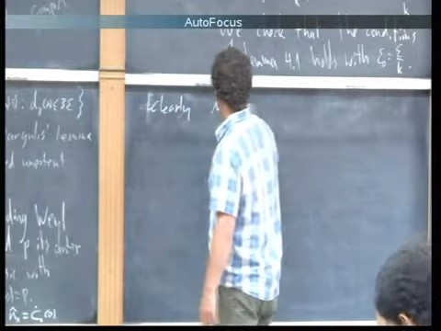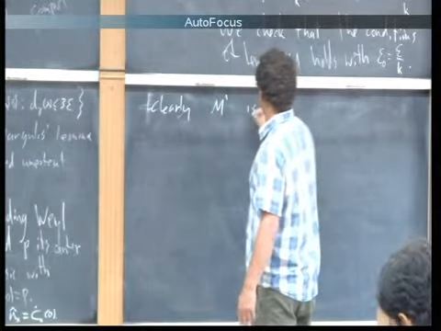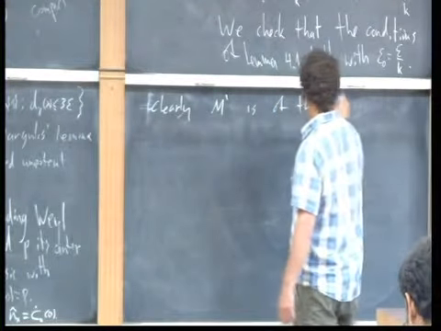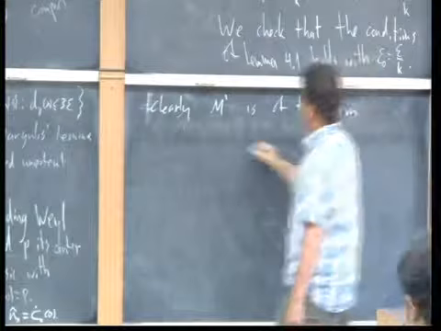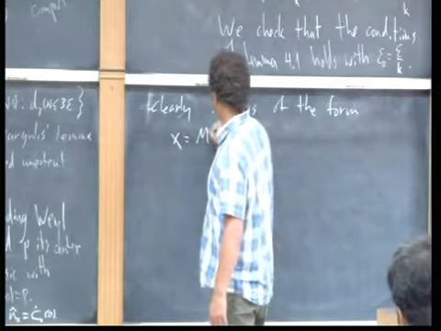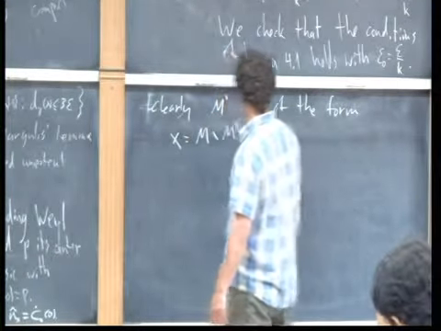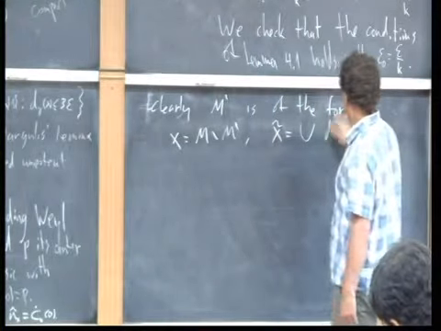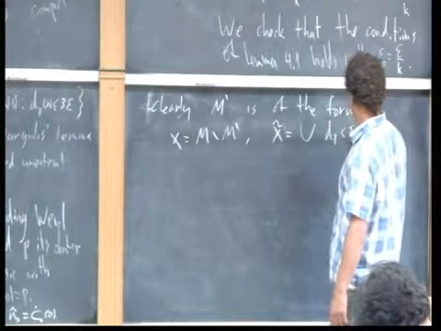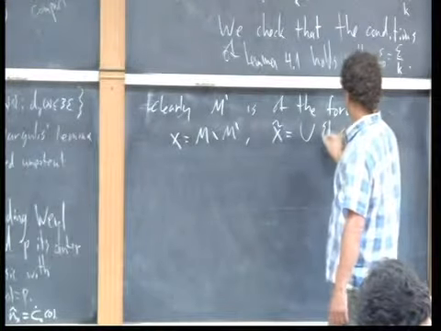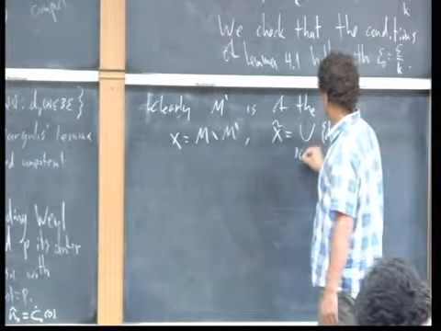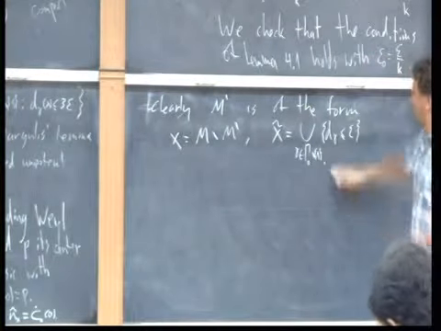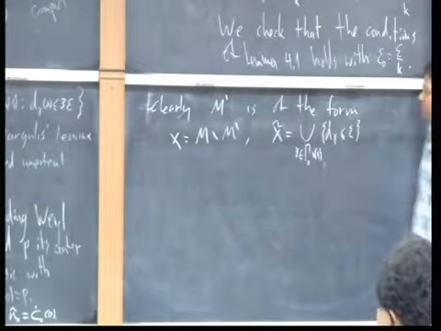M prime is of the form such that X, which is M minus M prime, satisfies that X tilde is a union of d gamma less than epsilon, gamma inside gamma naught minus identity. So it's a locally finite union of convex sets and it's smooth.